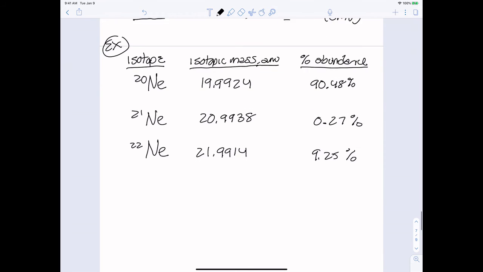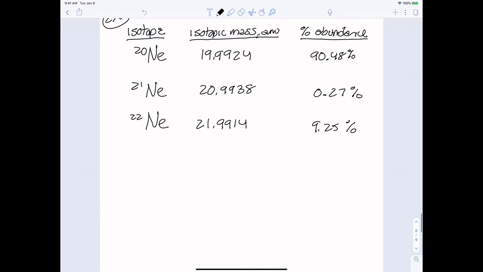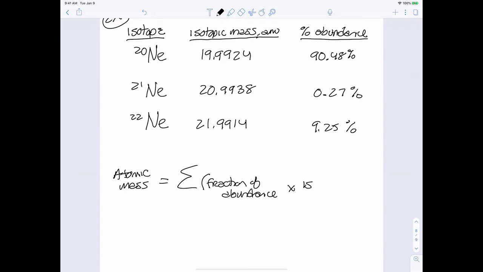So our formula for calculating it: our atomic mass is going to be the sum, our sum sign, of the fraction of abundance multiplied by the isotopic mass.